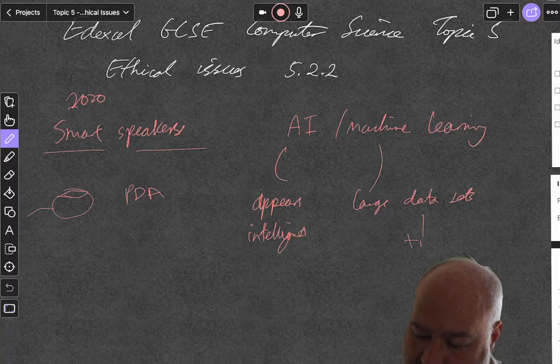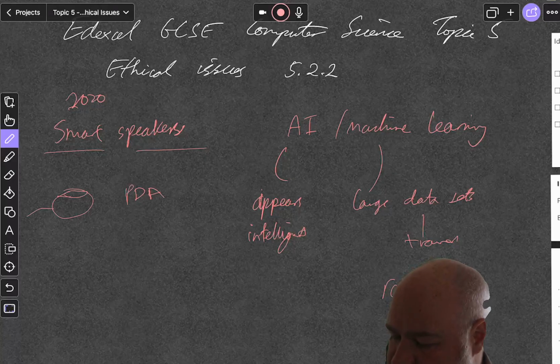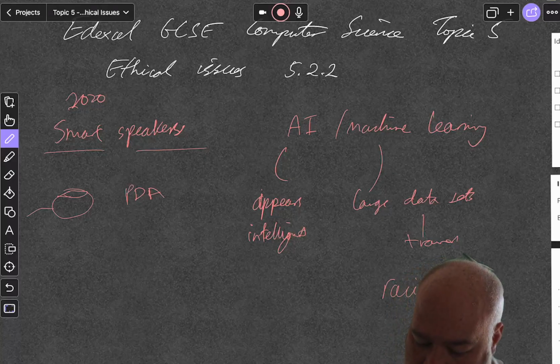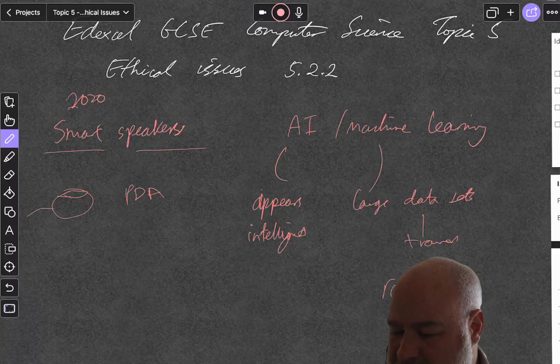I mean, because these models are trained, aren't they? Now, of course, how are they trained? For example, who denotes whether content is racist? How do we know if content is racist? It could be context related.